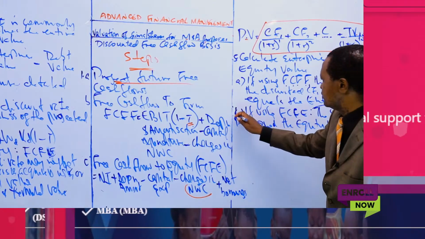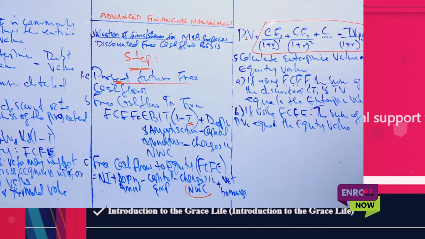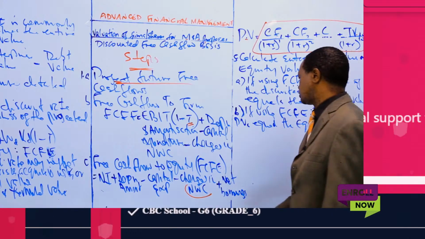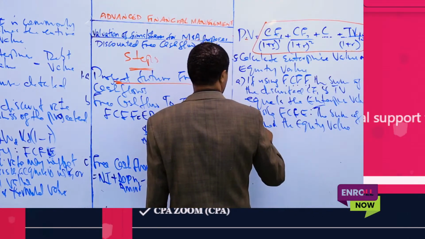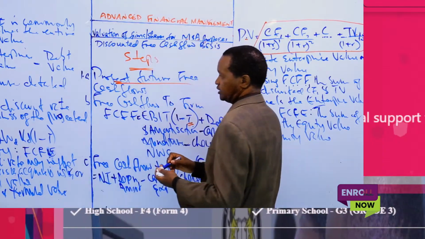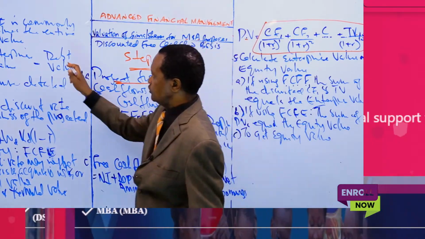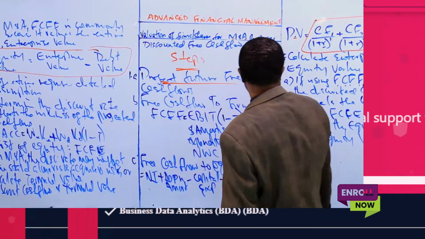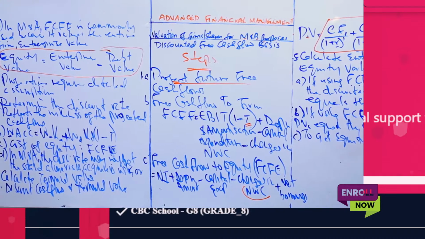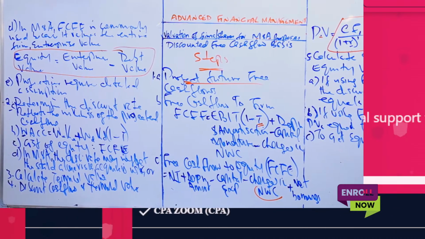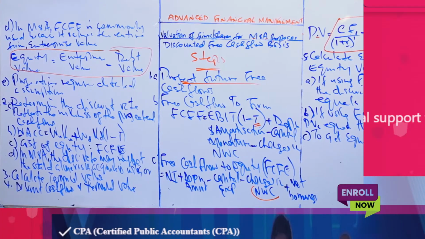This is B. So then, to get equity value from enterprise value, what do you do? I had given you a hint here, candidates. To get the equity value, we get the difference between the enterprise value and the net debt.